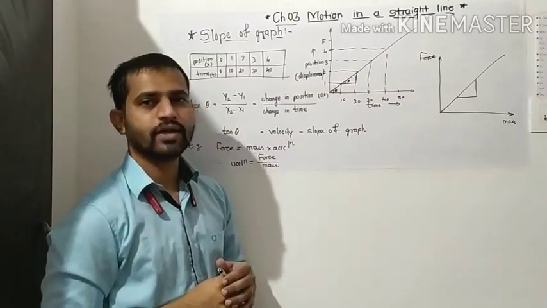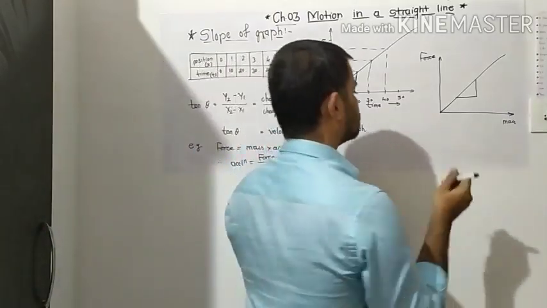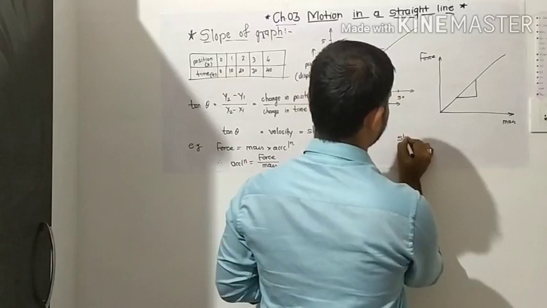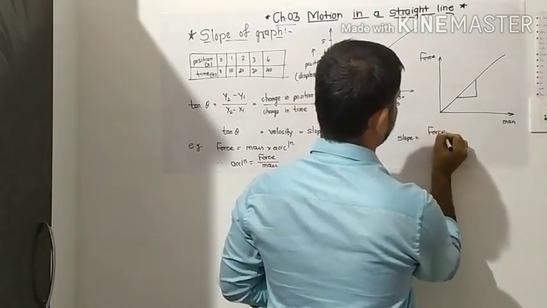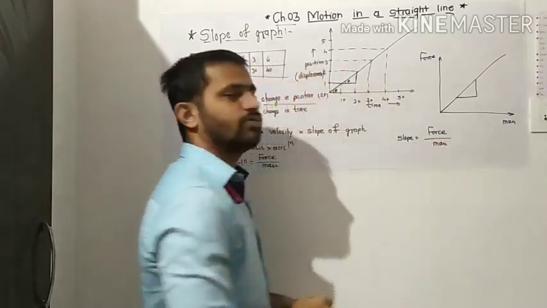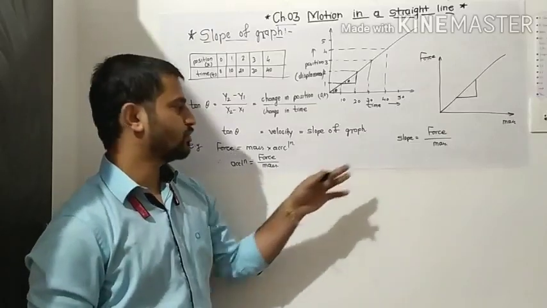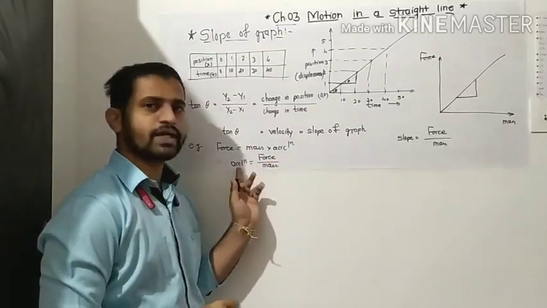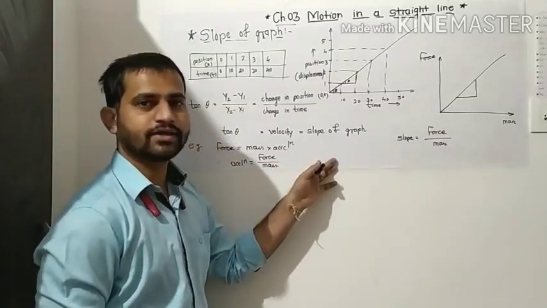I get the acceleration, because in this case slope is equal to force upon mass, and we know force upon mass is equal to acceleration. Okay, force upon mass will give us the acceleration.